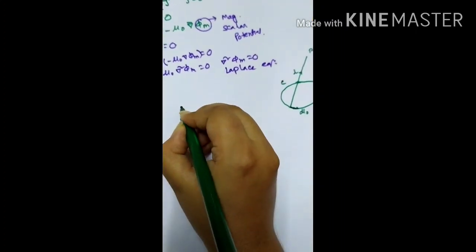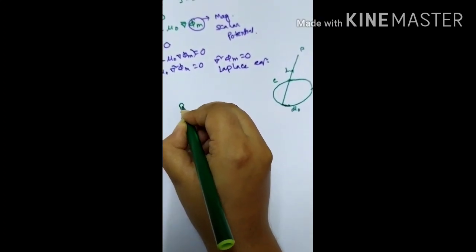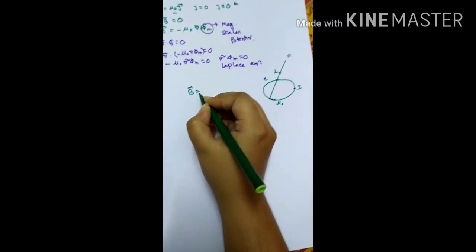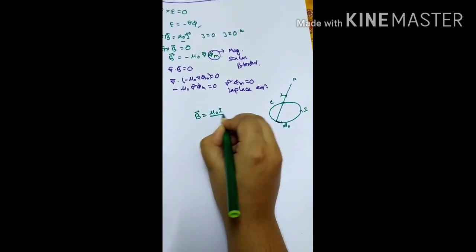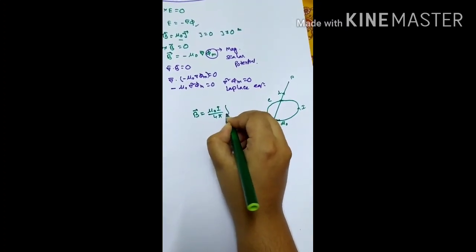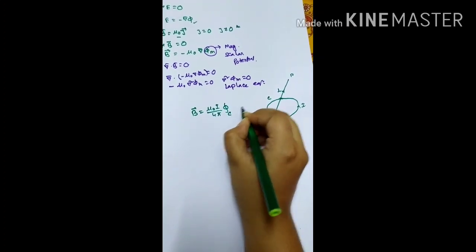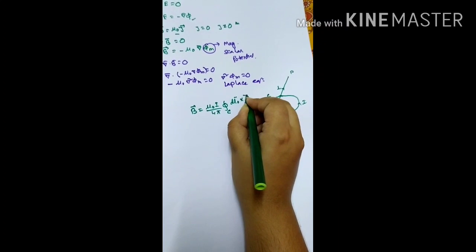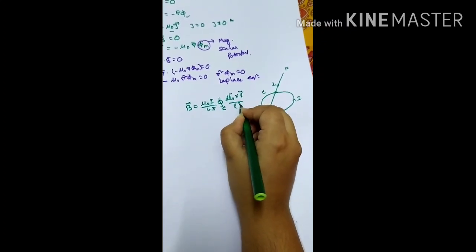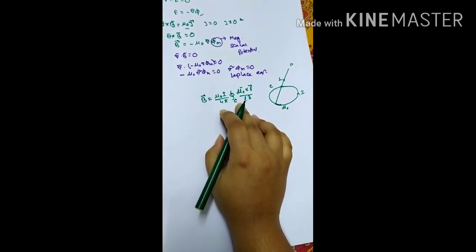Then from the Biot-Savart law we know that B equals mu 0 I by 4 pi, closed integral over C of dl0 cross L by L cube. This we know from the Biot-Savart law.